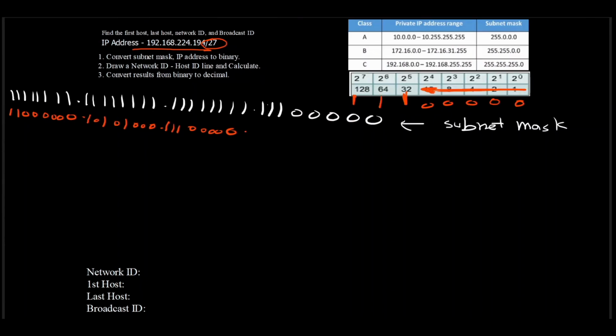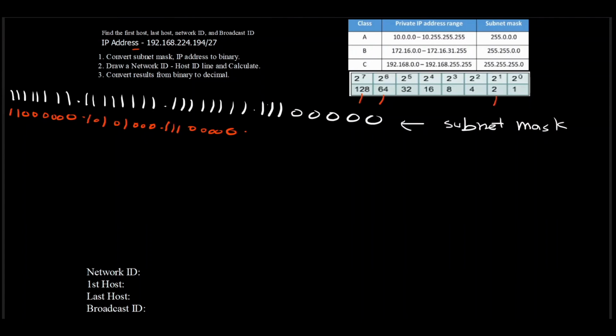So for the fourth octet, we have 194, correct? If we add up 128 plus 64, this is 192. We need 2 more.